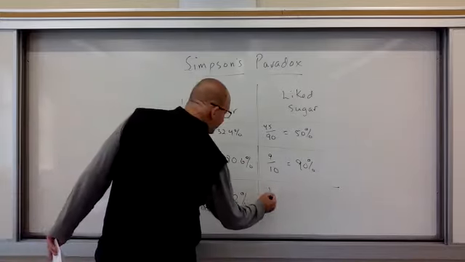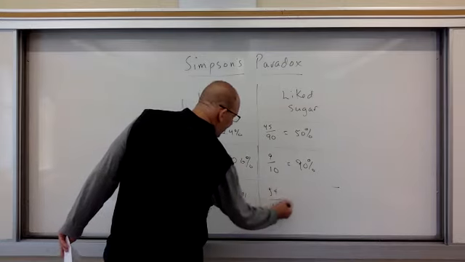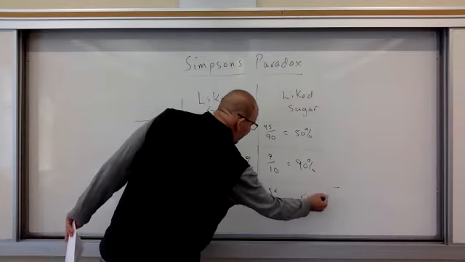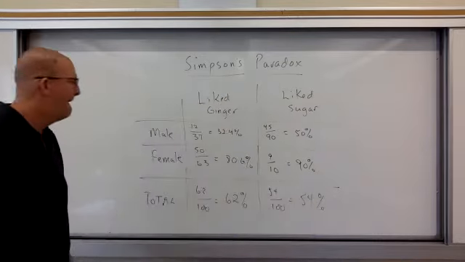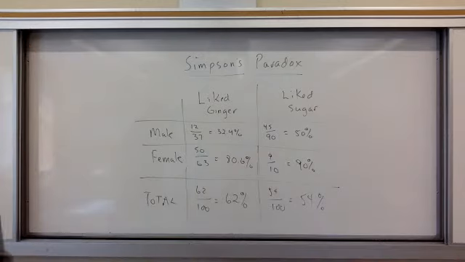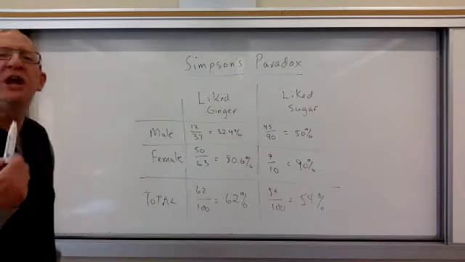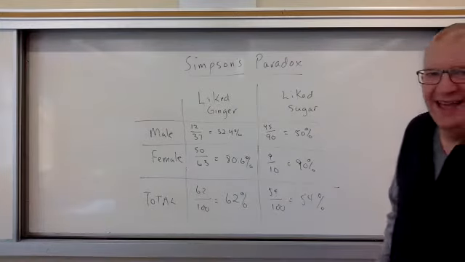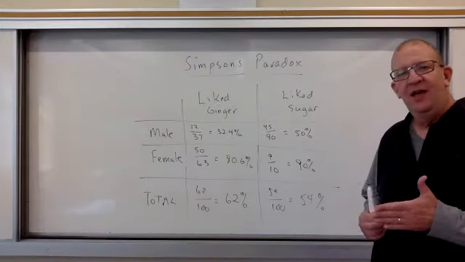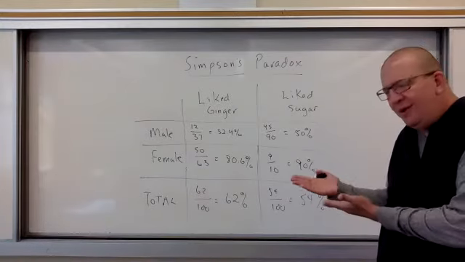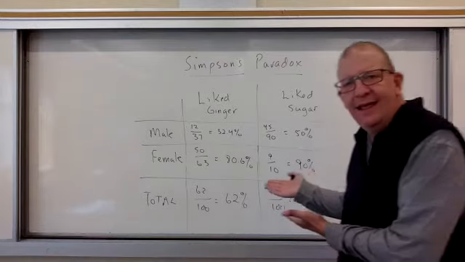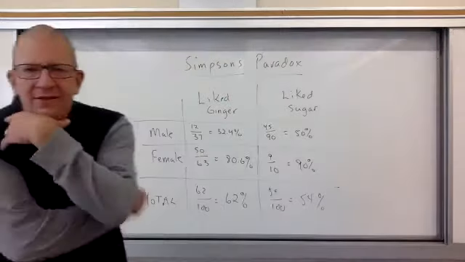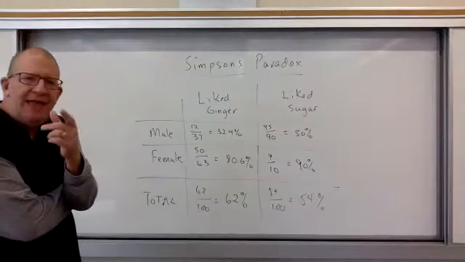And this would be 54 out of 100 people, or 54%. Now we're staring. Do you notice anything going on here? And that's a rhetorical question. I want you to think about that.